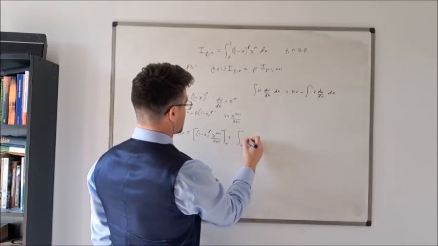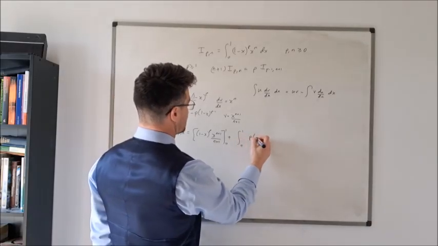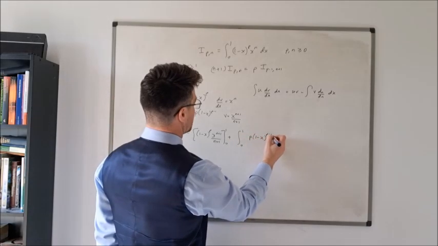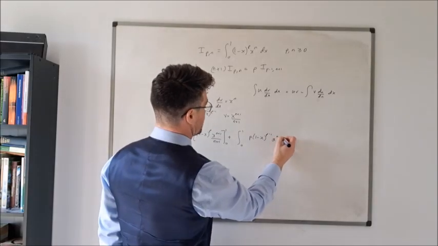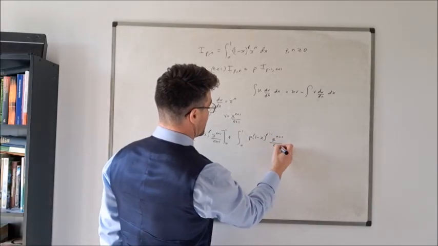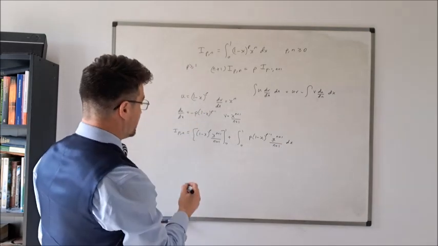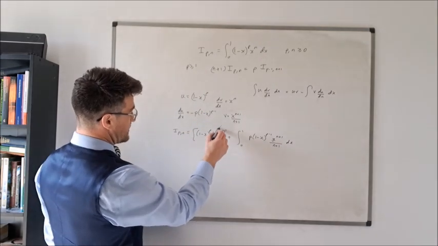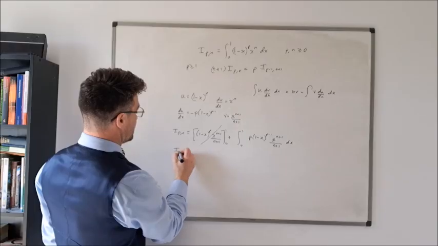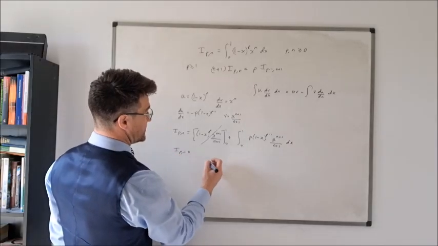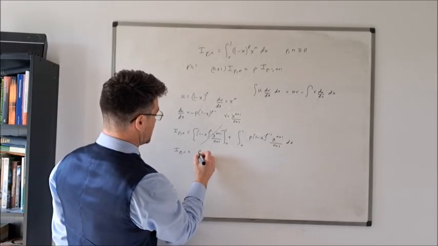So it's going to be plus p times 1 minus x to the p minus 1, x to the power of n plus 1 over n plus 1. So that first term is going to be equal to 0. So we get I, p, n is equal to p over n plus 1.